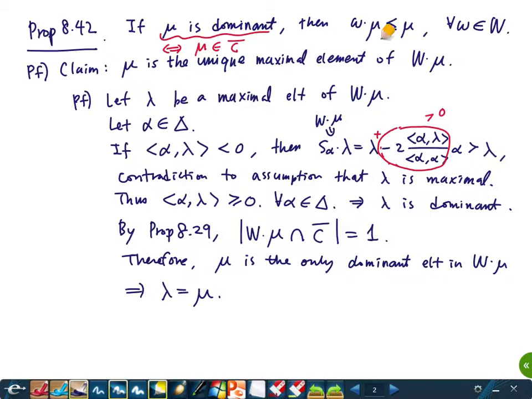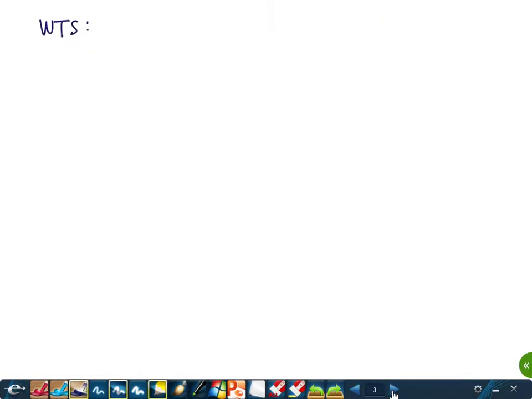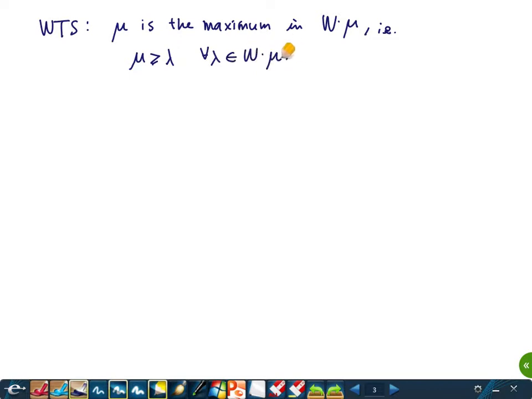It's not quite the same thing. So in fact, we want to show that mu is the maximum in this set, that means mu is higher than everything in this set. This is what I mean by the maximum.